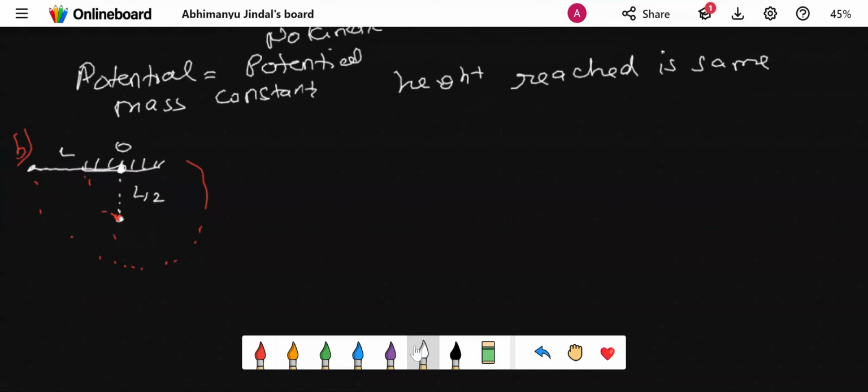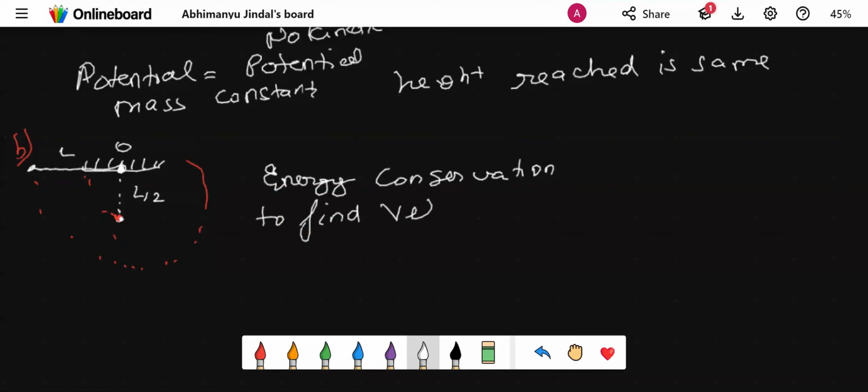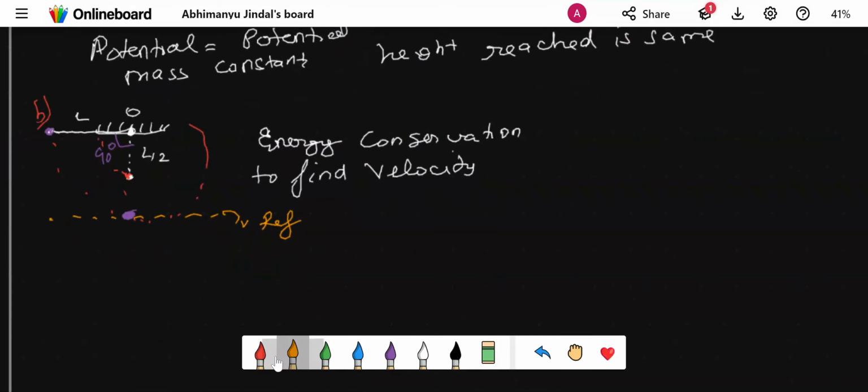So let's use energy conservation to find the velocity right here. So you know it was released from here, this is 90 degrees. You can use energy conservation to find the velocity here, taking this as a reference.